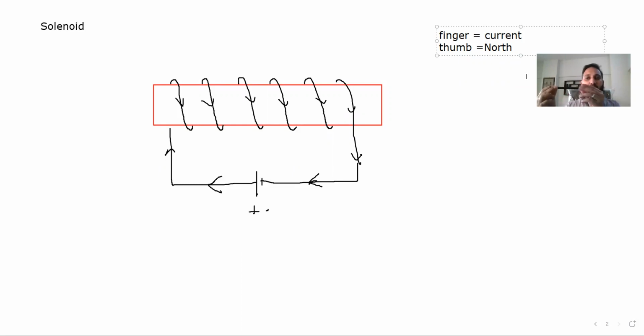If this is a cylinder on which the wire is wrapped, my fingers will turn in the direction of the current. As my fingers are turning in the direction of the current, the position where my thumb is pointing represents the north pole. So which side will I have the north pole in this example, if I grip the wire in the direction of the current: towards the right or left of the figure?